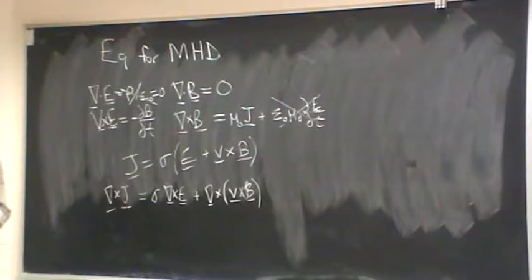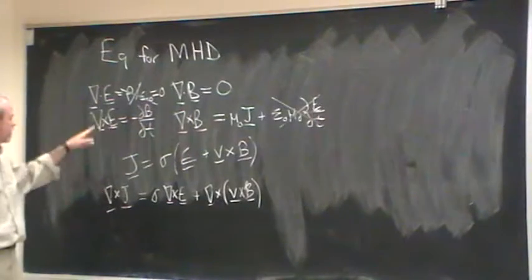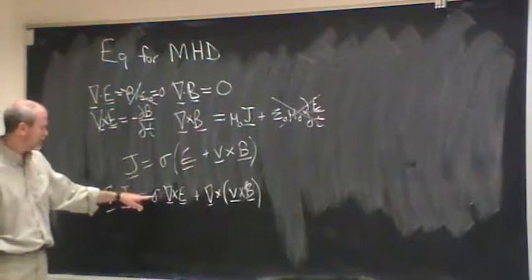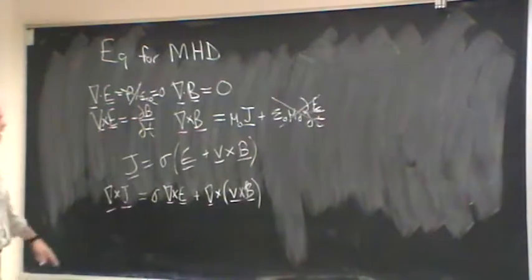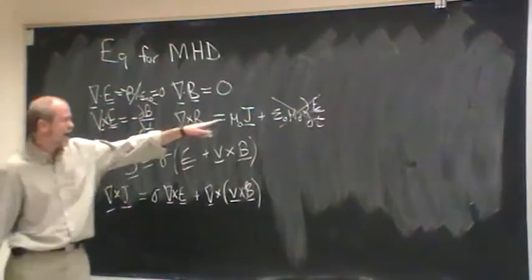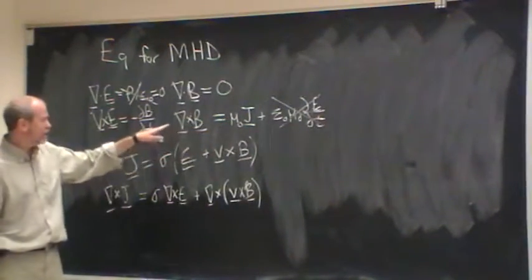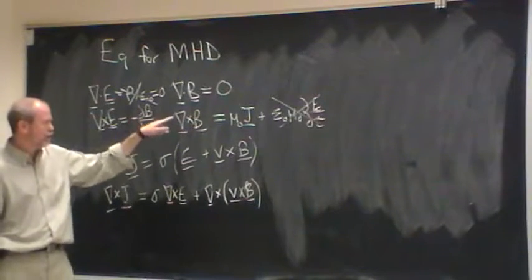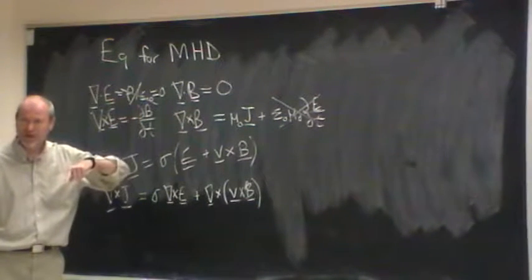So in fact, we've now arrived at an equation for the time evolution of the magnetic field. So that's one thing we're going to do. We're going to make this sigma minus dB dt, and the curl of J is 1 over mu naught, the curl of B.